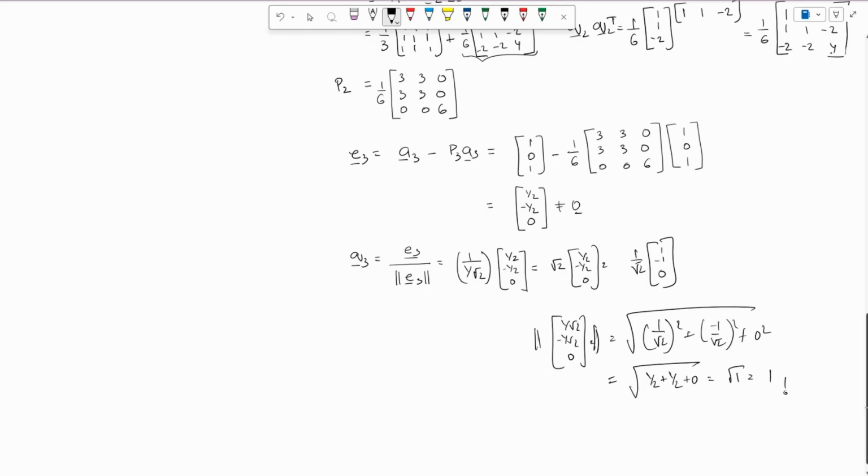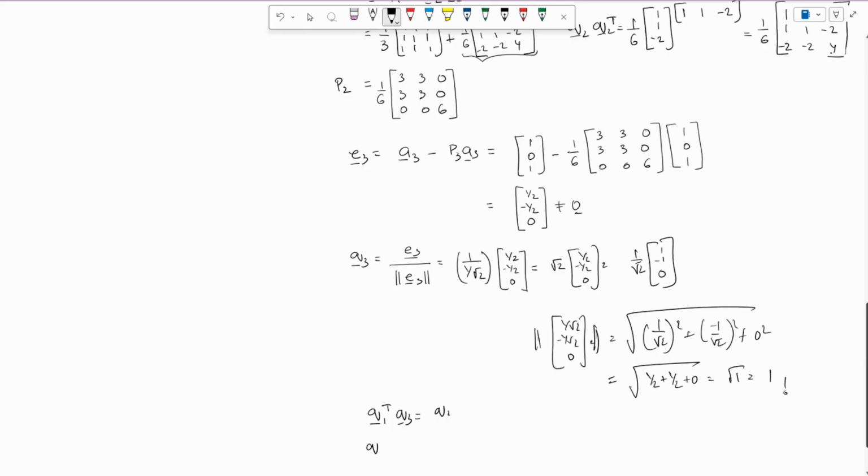Okay. Is Q3 orthogonal to Q1? And is it orthogonal to Q2 also? So that you can verify by computing Q1 transpose Q3. We know Q1 transpose Q2 is 0. Is this equal to 0?